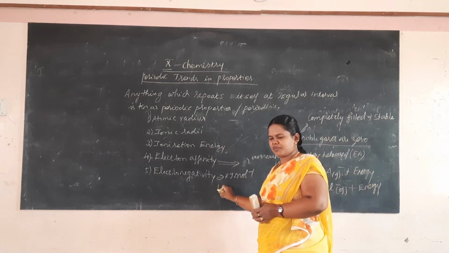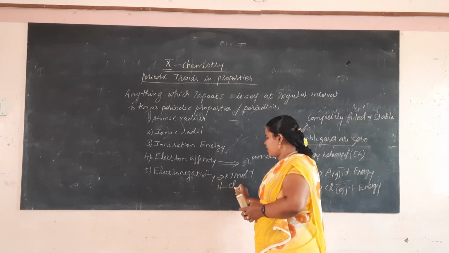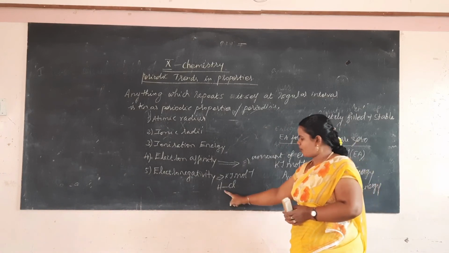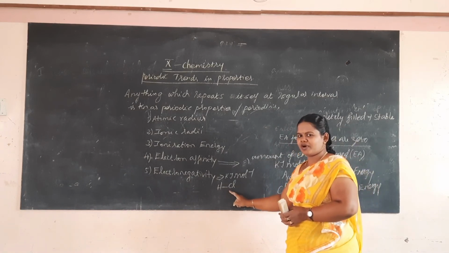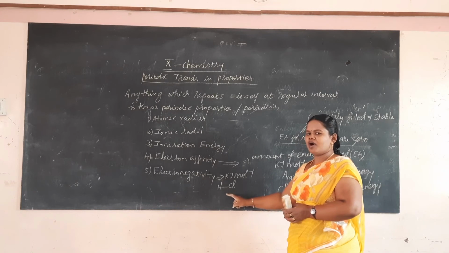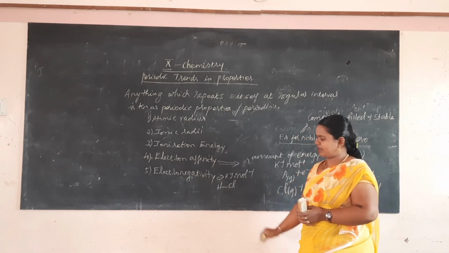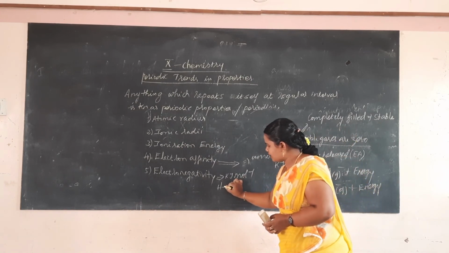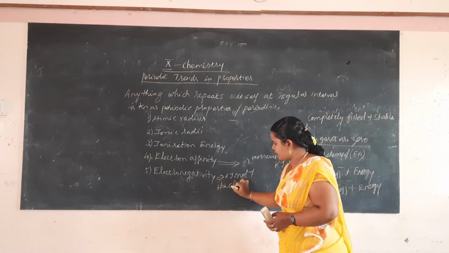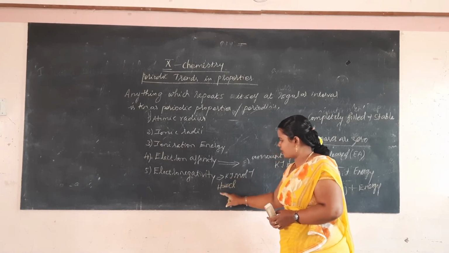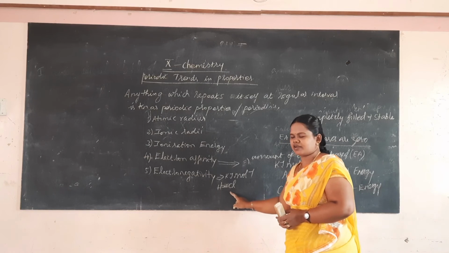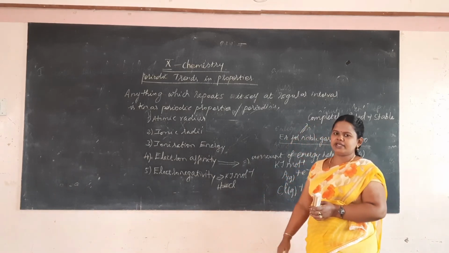I will give one example. Consider the formation of HCl. Here a covalent bond is formed. What is a covalent bond? A bond formed by mutual sharing of electrons. Hydrogen gives one electron and Cl also gives one electron. Both of them share one electron and form a bond. That is the HCl bond.